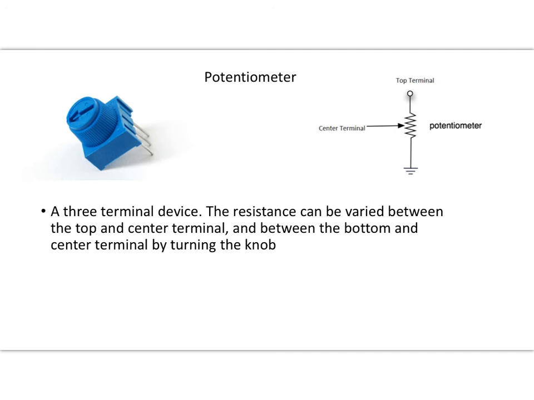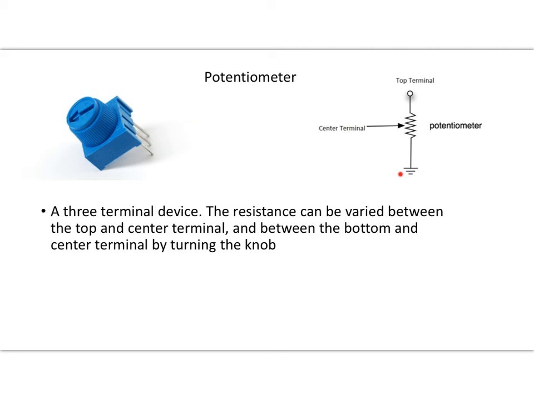Another device that we'll make a lot of use of in our projects is a potentiometer, and that's shown right here. Notice there are 3 terminals, and this diagram over here shows a schematic of how these potentiometers are often wired up.